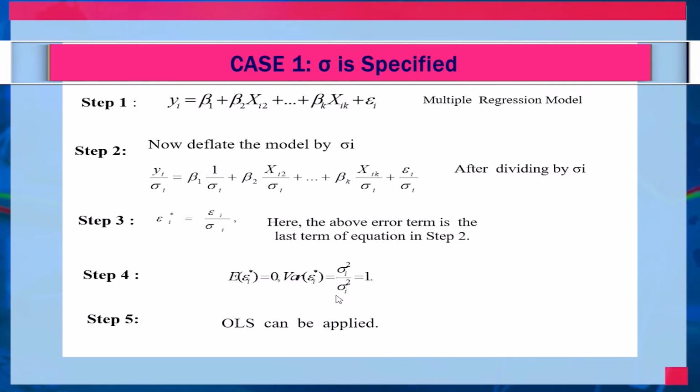So if the sigma is specified, the easiest way to rectify the problem is by dividing the equation by sigma i, thereby deflating by sigma i, and we get a new error term, which is the original epsilon i divided by sigma i. We calculate the variance of the new error term, and thereby we come to the conclusion that the variance is constant and OLS can be applied when the sigma is specified.